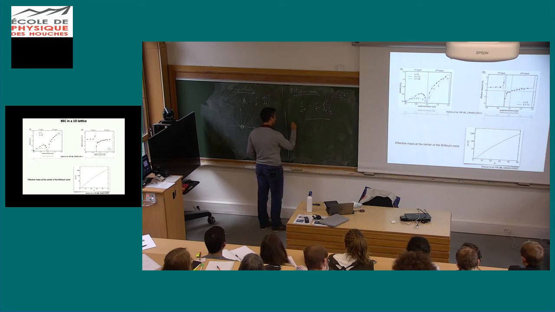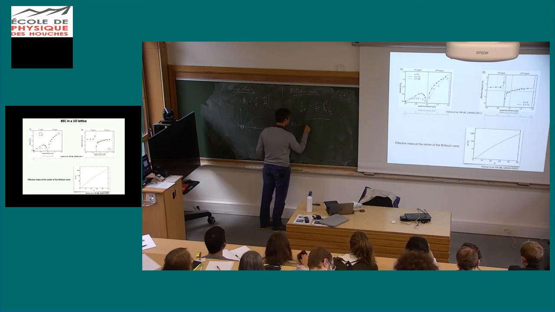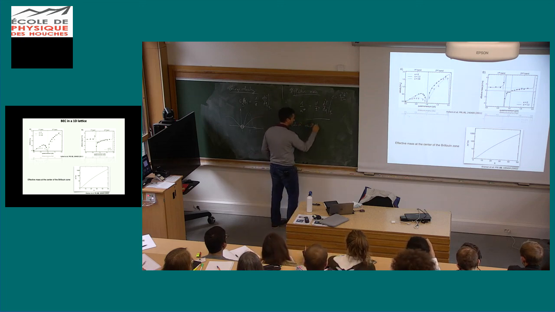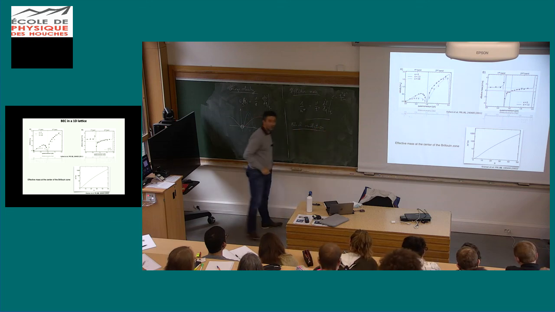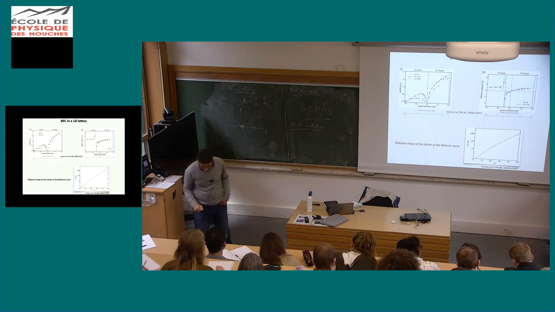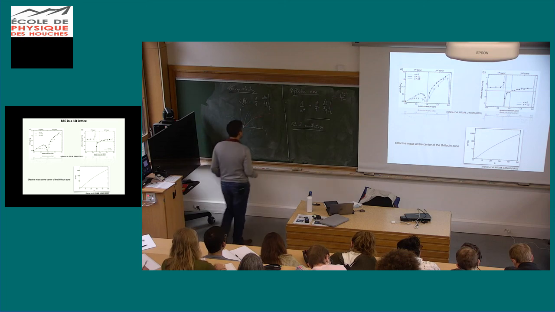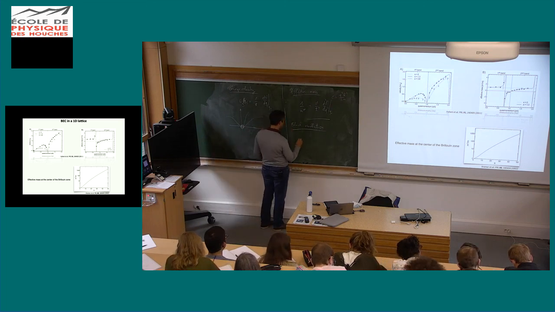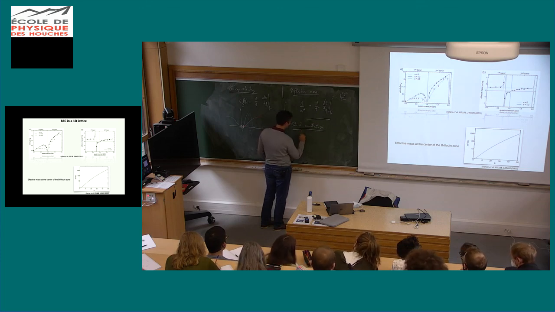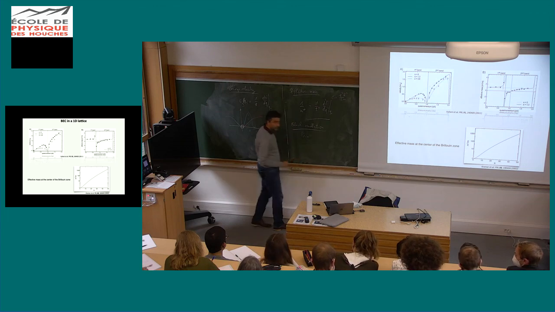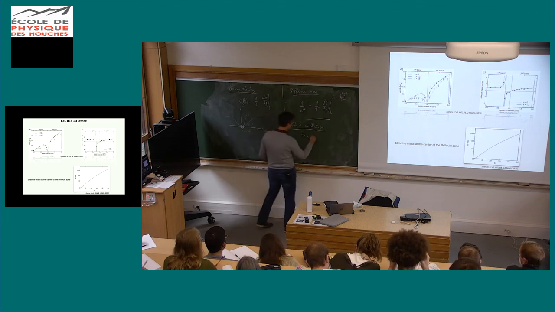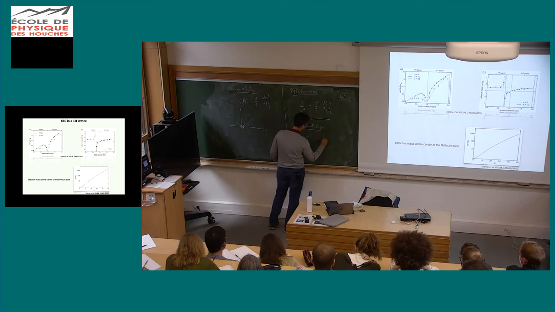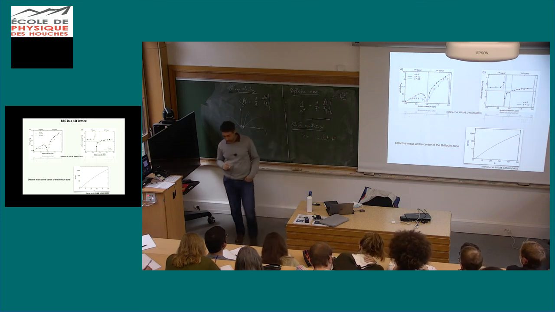Last thing, but we have already everything, so don't worry. Bloch oscillations. So Bloch oscillations were proposed by Bloch in the 30s. For real solids, the idea is you apply a force, and I will assume it is constant over time.